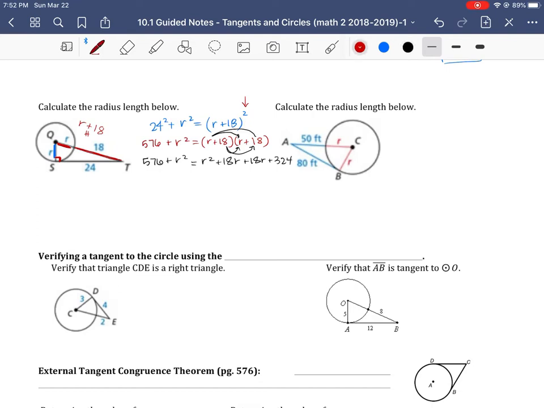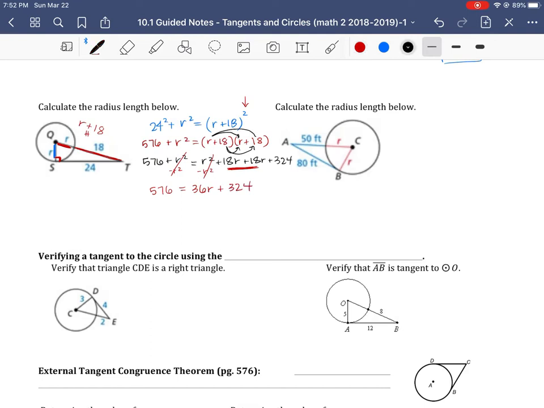So you'll notice if I'm trying to move everything to one side, if I subtract this r squared to the other side of the equal sign, it actually cancels there, but notice it also cancels there. So your r squared goes away nicely, and you've got 576 equals, these are like terms, so let's add those together. 18 plus 18 gives us 36r plus, and then we have that 324 on the end there.